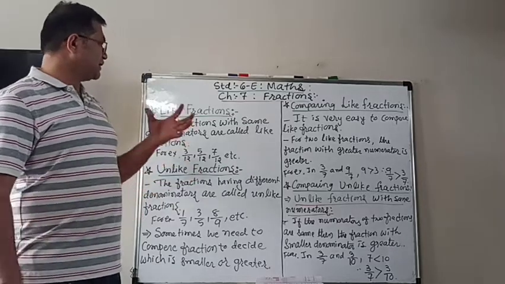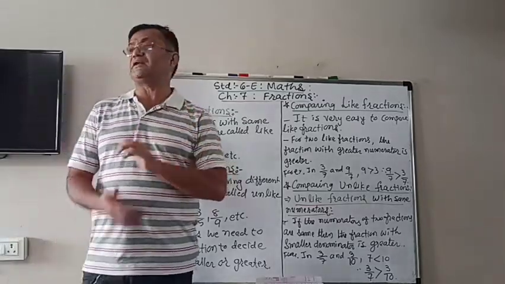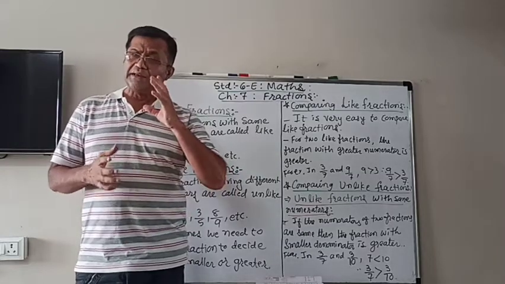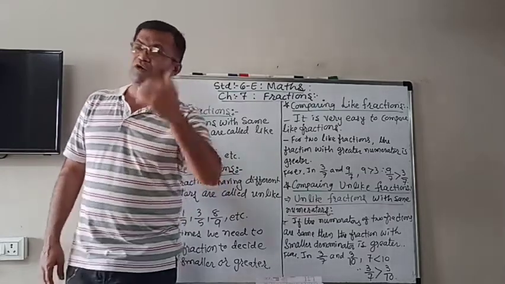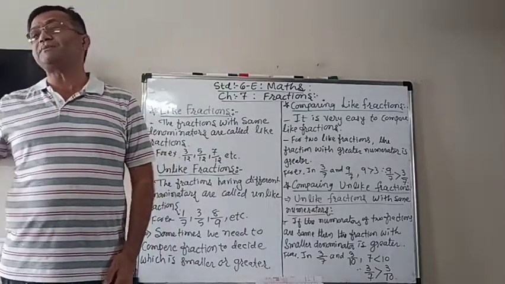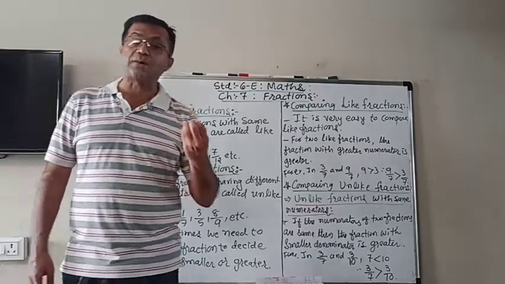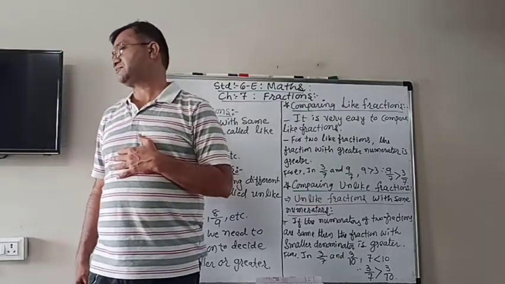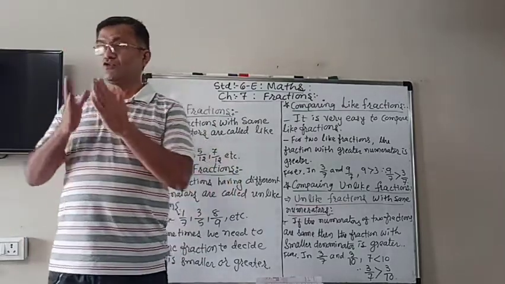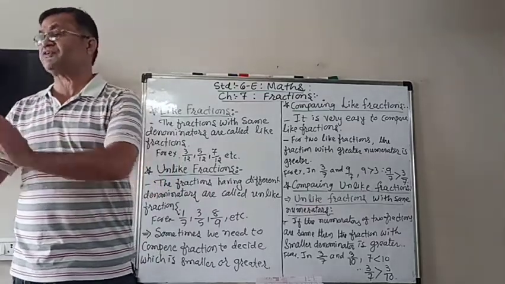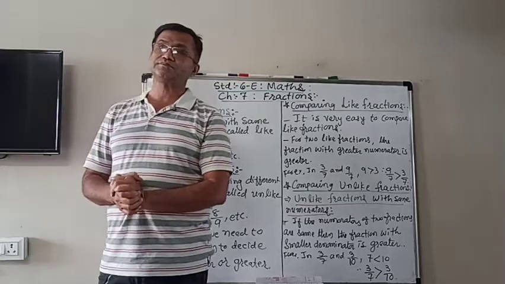So now, we have learned about the like fractions and unlike fractions. Now, moving forward, sometimes we need to compare the fractions, means which fraction is greater and which fraction is smaller.